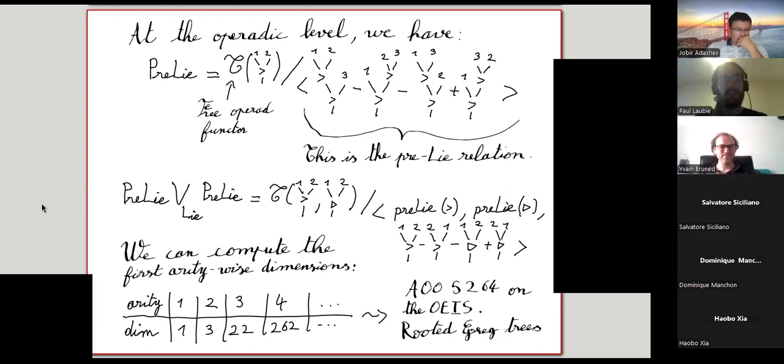So at the operadic level, if I want to describe the coproduct of two pre-operads over the Lie operad, well, I have a presentation of the pre-operad by generators and relations. I already said that an operad is something that takes an algebra and encodes algebraic structures.